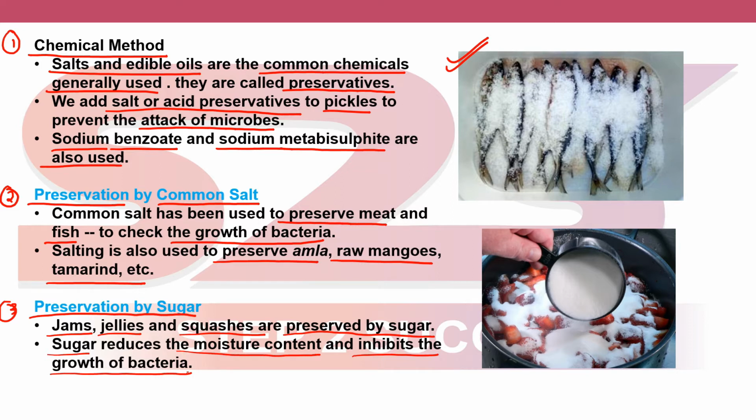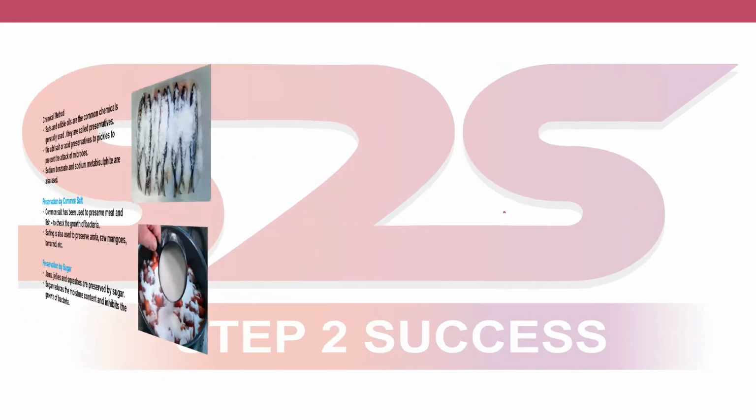So basically we can see that all these methods are using very general things. This is an image showing the preservation by sugar and preservation by common salt. In chemical methods also, salts and edible oils are the common chemicals generally used. So we can see that to ensure food preservation, we have many things which will stop making our food poisonous.